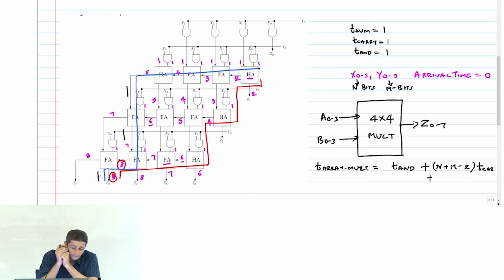Yeah, that is actually a carry. Okay, what I meant was this is a T sum. So how many T sums? No, we'll verify this answer. We know the arrival time has to be 9, right? So we'll plug in these values 1, 1, 1 and see what we get, and then we'll see where we went wrong.